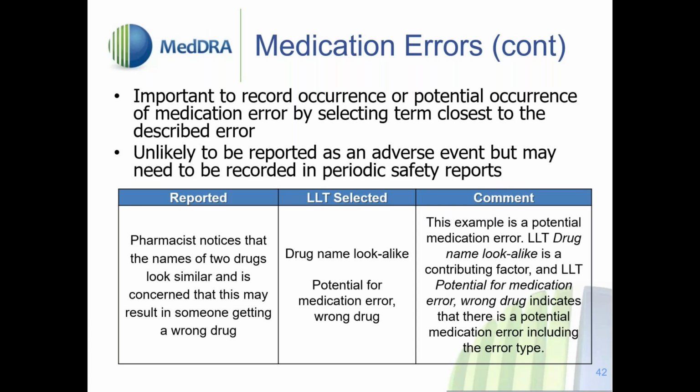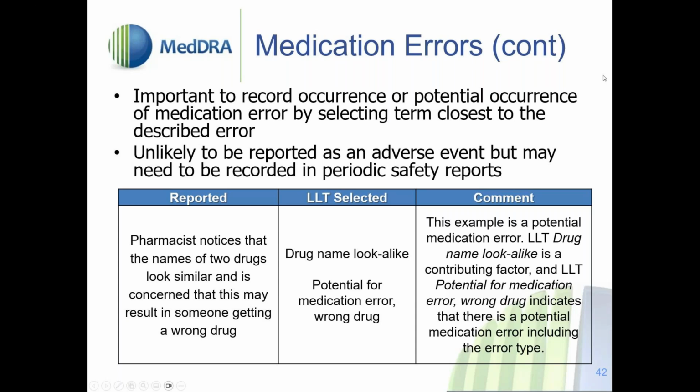A regulator looking at just the LLT for potential for medication error will tell you this is not reflective of the entirety of what the reporter says. The reporter gave us an important bit of information here, which is the contributing factor, that the drug names looked alike. And it is important to capture that when you're coding at the LLT level.